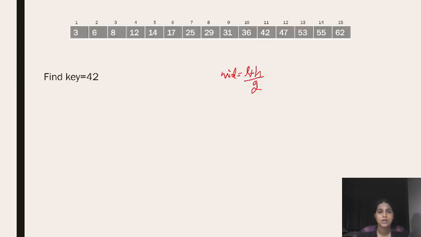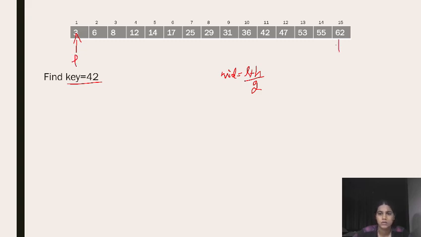Let us see how to solve the binary search problem. On the slide, we have a problem with 15 elements in an array, arranged in sorted order, and each element is given a respective position. The key which we have to find is 42. Now let us take high and low from the given problem. The low is the first position.